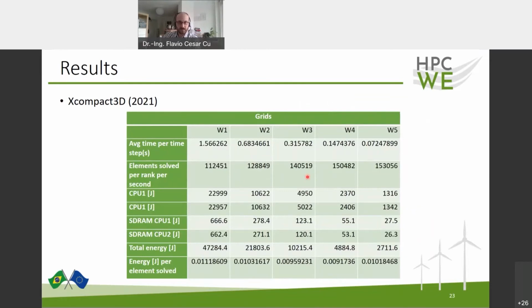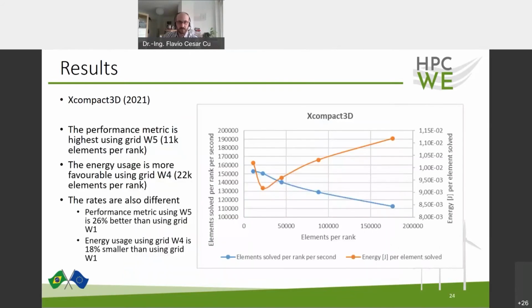Here are the numerical results, but the results are better seen when plotted. Again, we are seeing the performance metric. That's the blue curve. The performance metric is the highest using the smallest number of grid elements per rank.